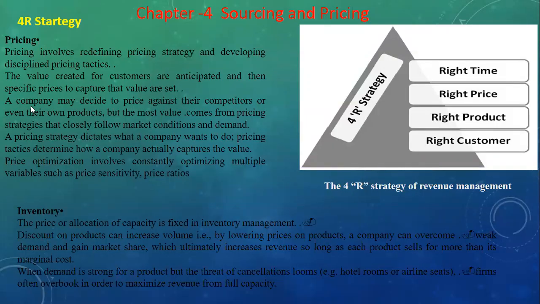A company may decide to price against their competitors or even their own product, but the most value comes from a pricing strategy that closely follows market condition and demand. Some companies may decide that pricing is based on the competitors. For example, if our competitor is taking 10 rupees for one packet of biscuits, we try to reduce it to 8 rupees for the same quantity.